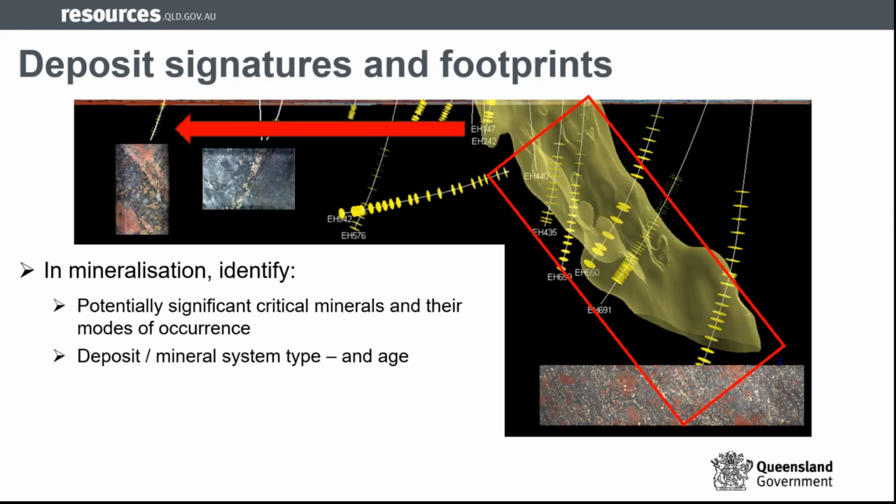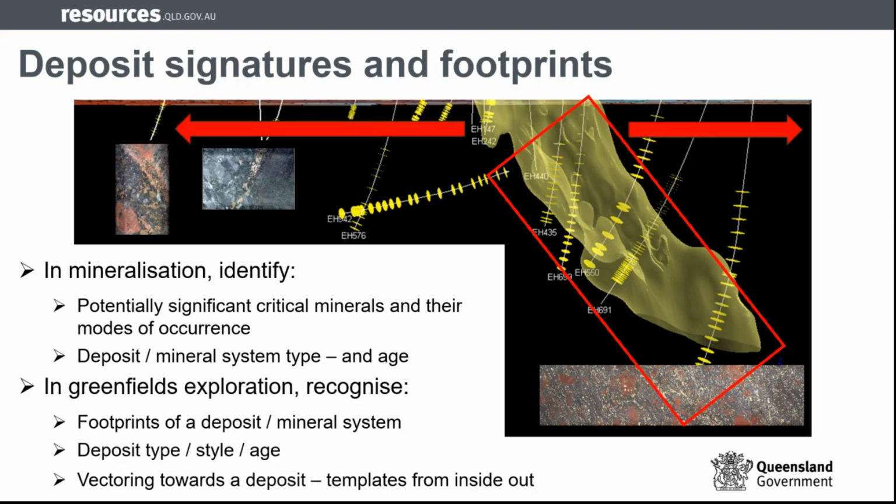And stepping out of the deposits, the task is to accumulate a representative collection of samples and data to assess deposit footprints, distal deposit footprints, for extent into distal mineral system footprints. And that's pretty much the end game of this entire exercise.